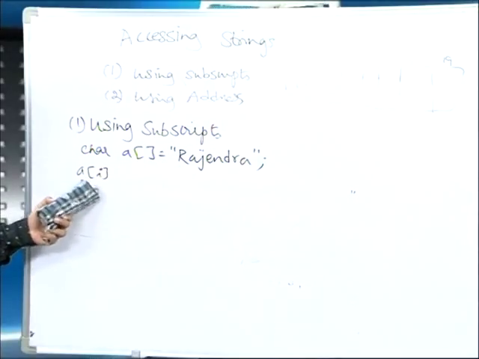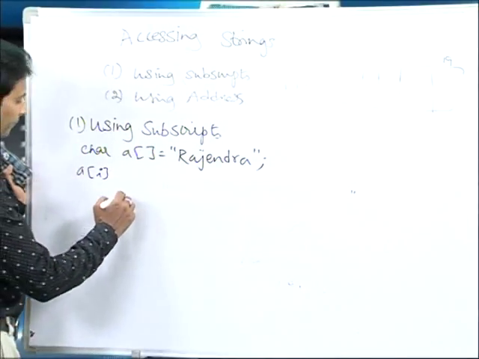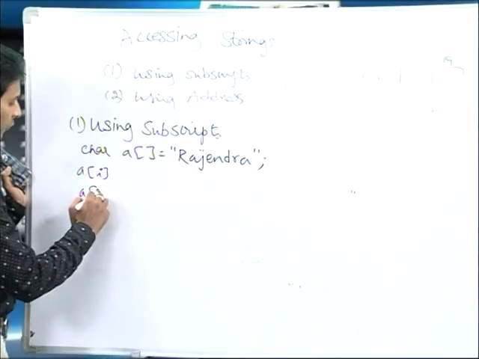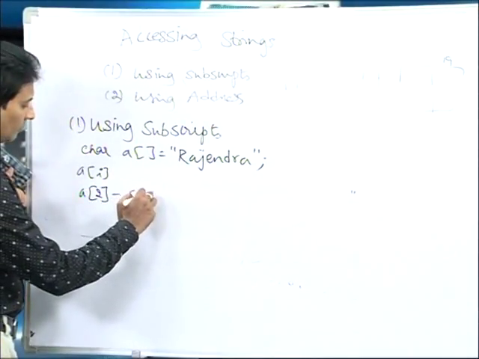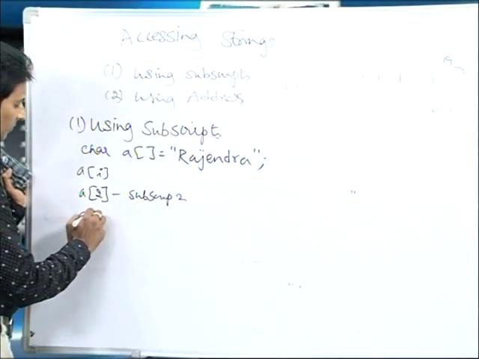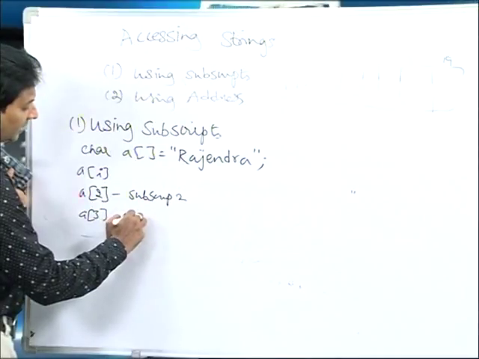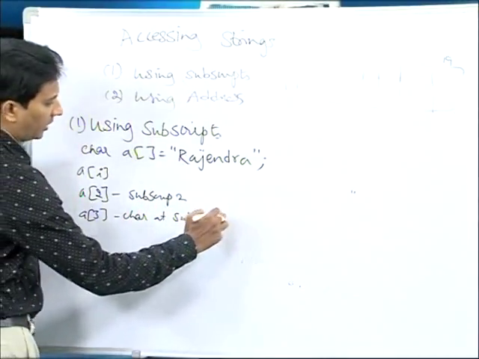A of 3 means the character at subscript 3. A of 2 means the character at subscript 2. A of 3 means the character at subscript 3.